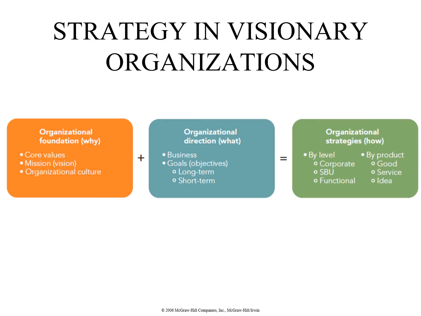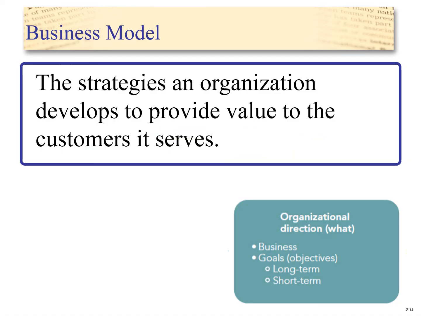So starting off with business model. Business model is basically the strategies an organization develops to provide value to the customer it serves. So a business model really describes the clear, broad, underlying industry or market sector of an organization's offering.